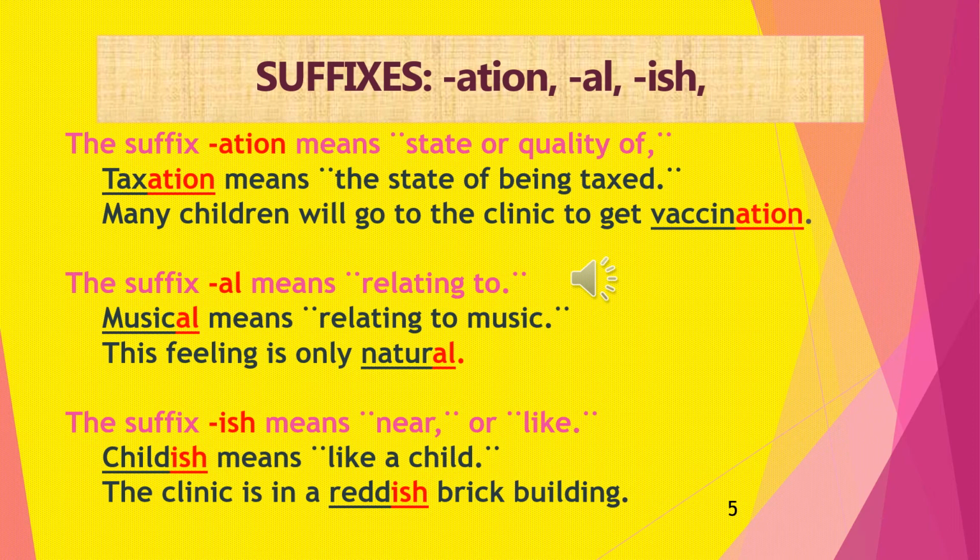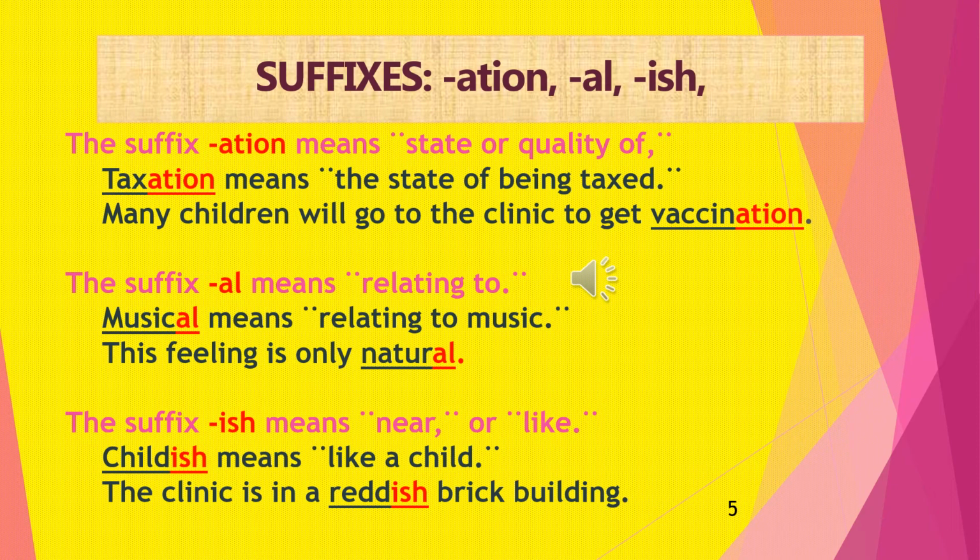The suffix al is at the end of the base word. The next one is a sentence. This feeling is only natural. The word natural has the suffix at the end of the base word, which is al. That's the suffix that we are talking about.